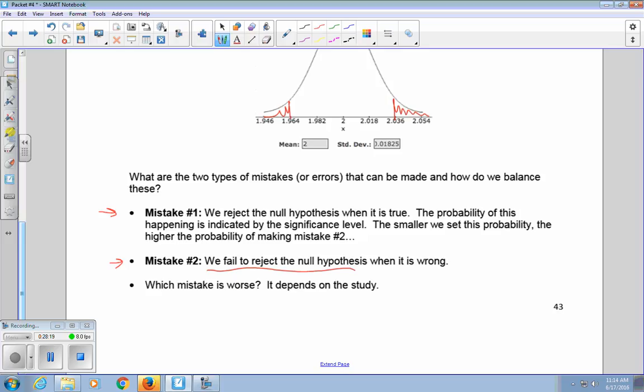In the candy bar case, it's not necessarily as easy to think about, but if you're trying to do some kind of test about tumor size, and you have to make some kind of cutoff for tumor size and maybe whether it's cancerous or not, you can see where having a false positive or failing to reject when it's wrong, those two things would be very meaningful in certain situations where you don't want to make one of the mistakes. So you would set your significance level appropriate for that specific case.